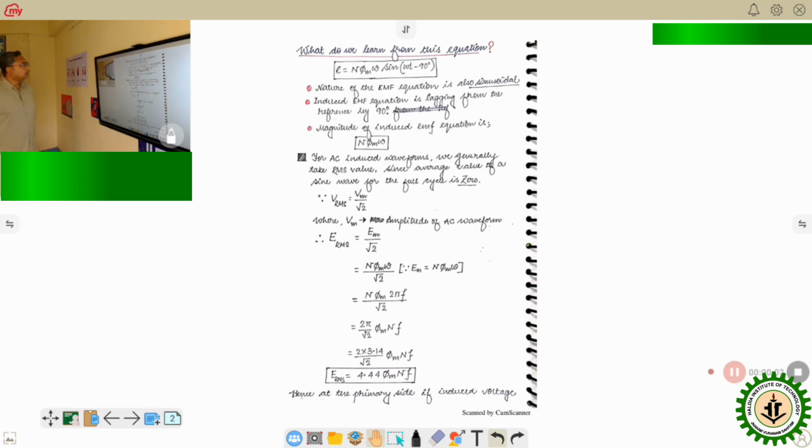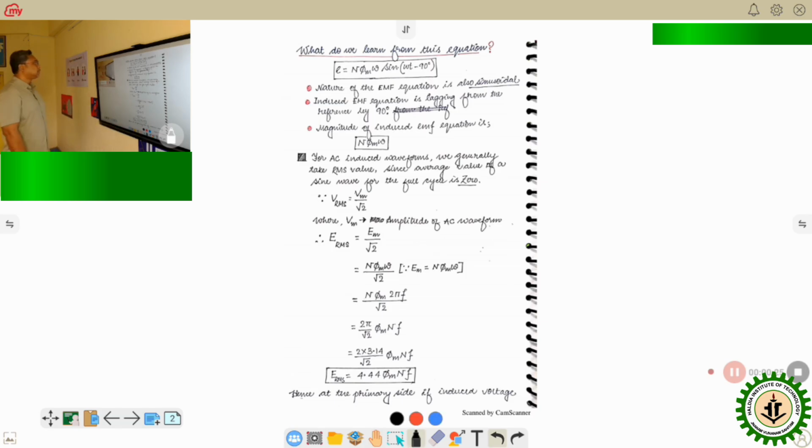So last class we did about what we learned from this equation. As far as the equation is concerned, we see that E is equal to n phi m omega sine of omega t minus 90 degree. So this basically tells me three pieces of information. What are those?